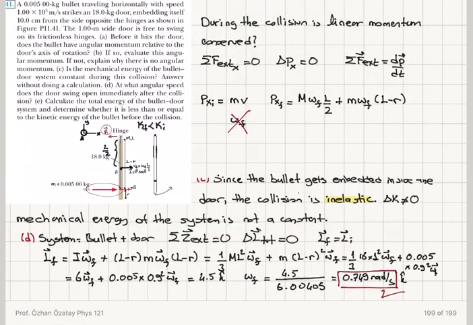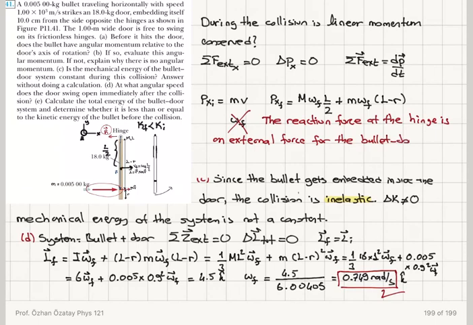What will end up happening is that the hinge will create a reaction force. Okay? So the reason it doesn't work is that the reaction force at the hinge is an external force for the bullet door system.